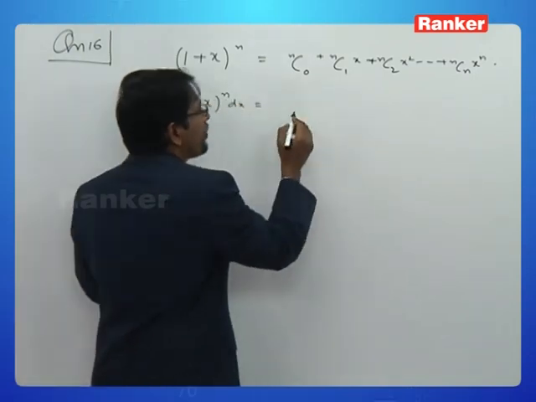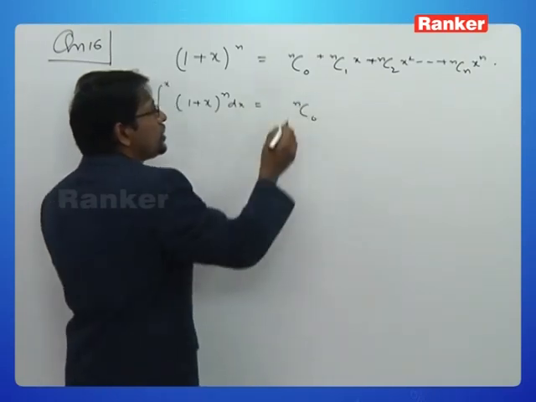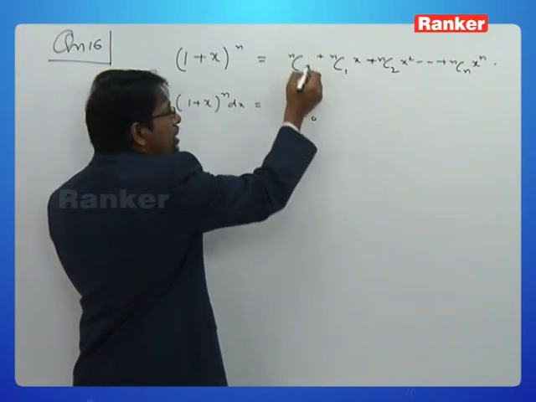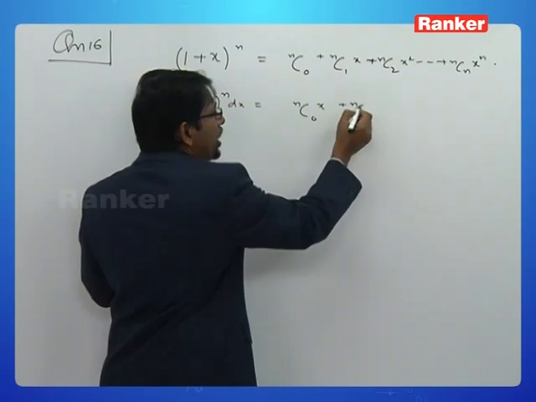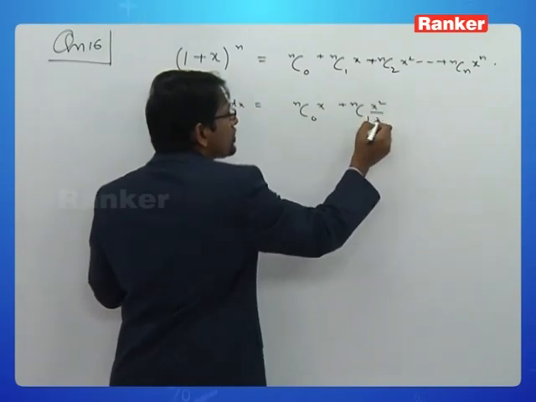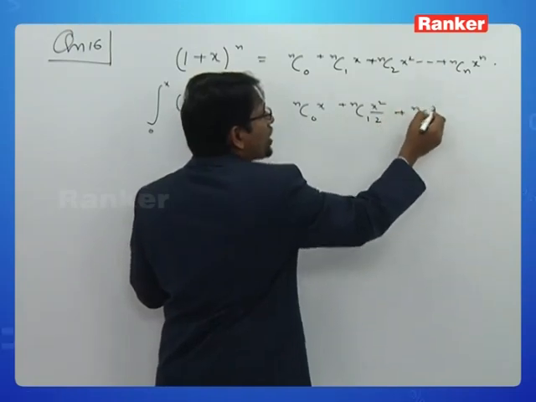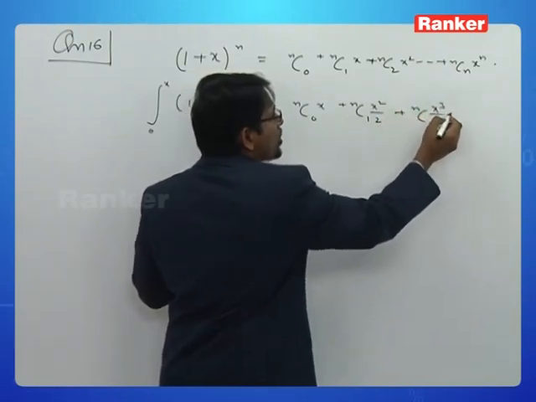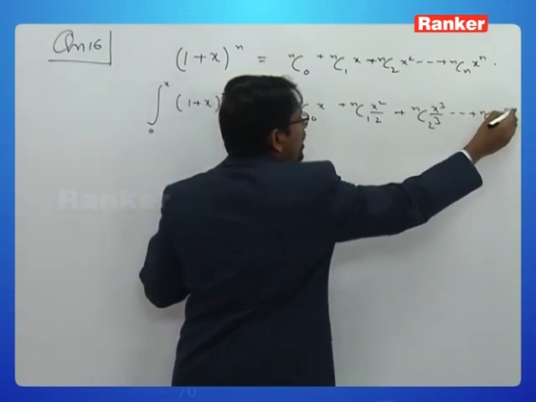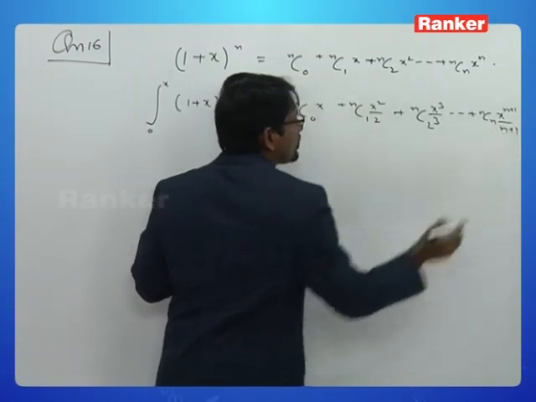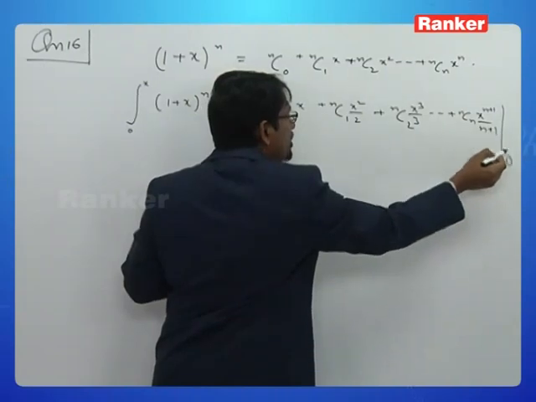What do we get? nC0 into integral of 1 is x, so we'll have x plus nC1 into x square by 2 plus nC2 into x cube by 3, so on and so forth, nCn into x power n plus 1 by n plus 1, within the limits 0 to x.